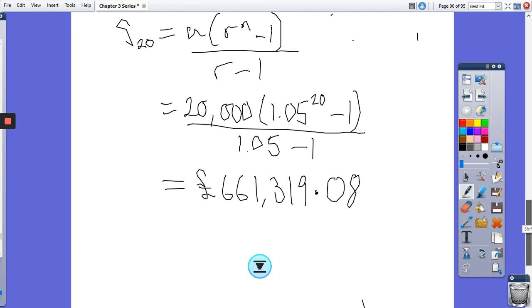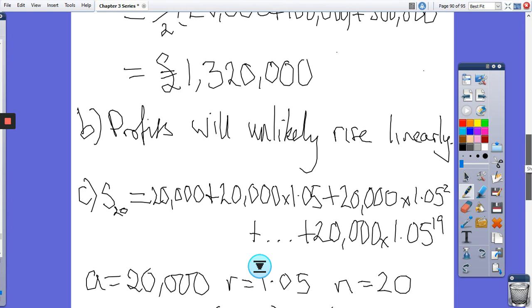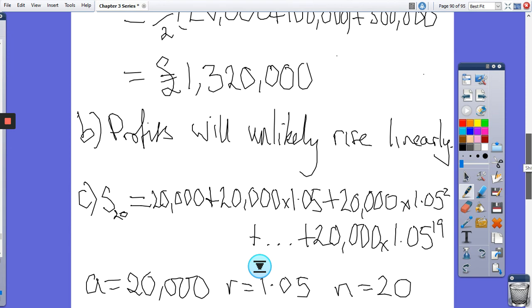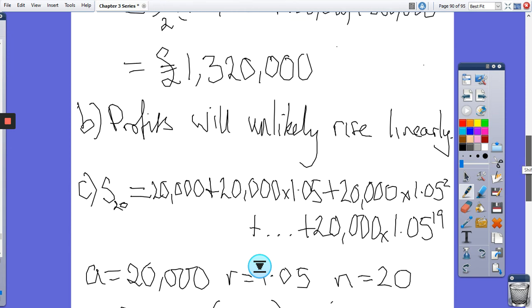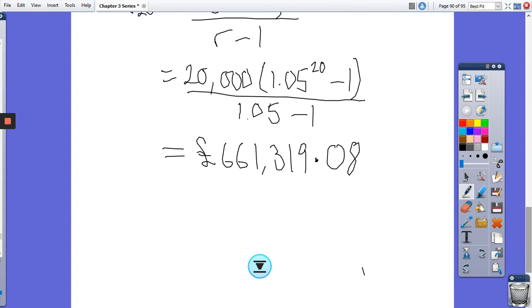Pretty good going. But it's not quite as much as he thought he was going to get, where he thought he was going to make well over £1 million in 20 years. It would be really good going. So the financial advisor turned around to him and went, look, mate, you've done all right. You're going to do all right, but not as well as you think you are.